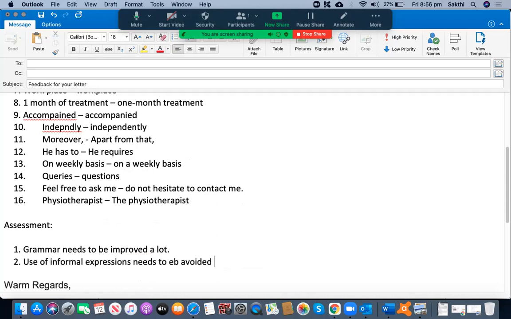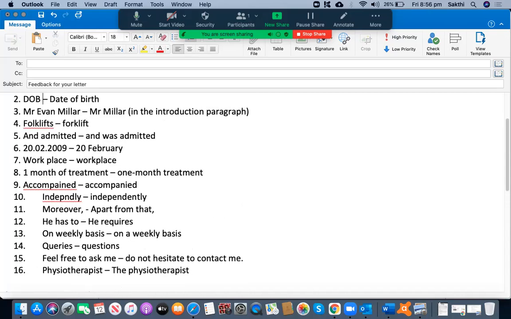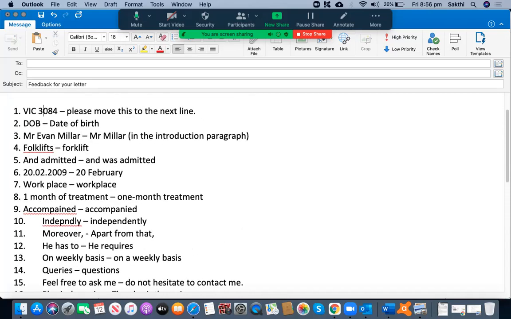For example, feel free to ask me and so on. It's not good. You need to use the spelling of words correctly. You have committed a lot of spelling mistakes. Look at these: accompanied, and then independently, and so on. And then the forklift. Okay, that's also wrong.